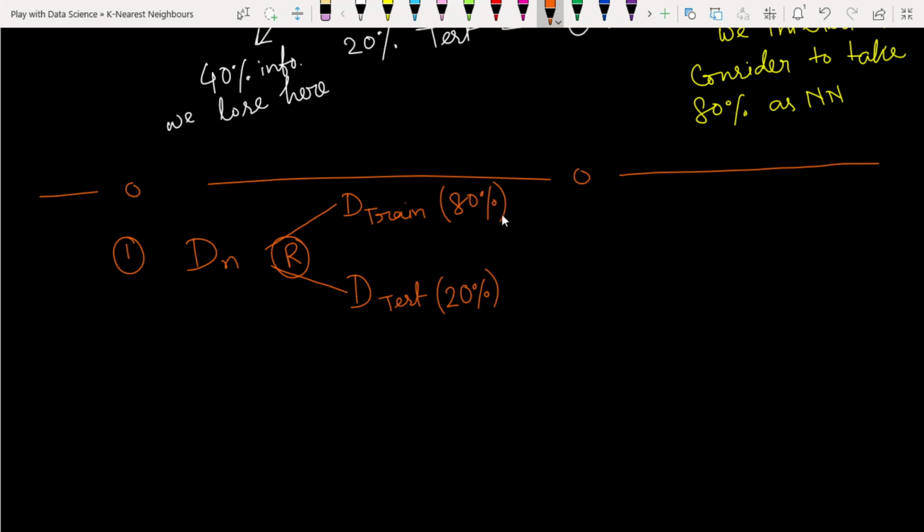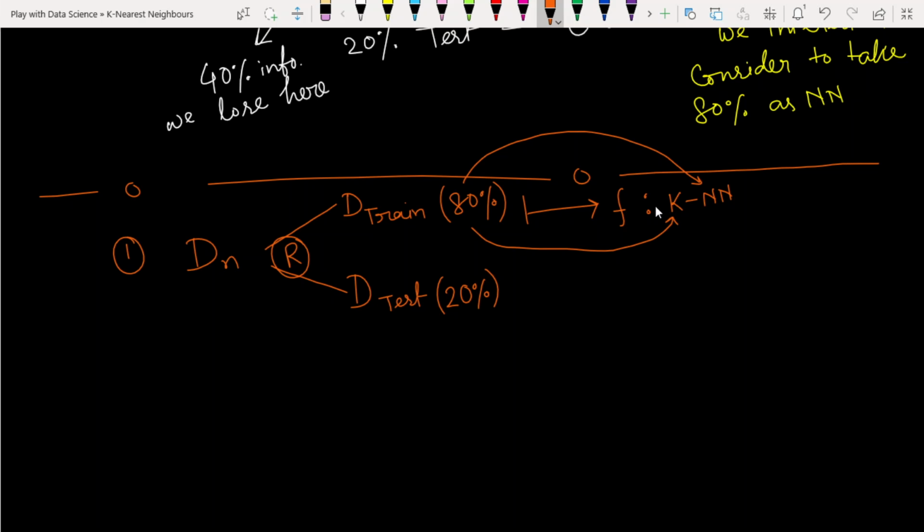On this 80% of the data we will build our kNN. On this 80% we use it as NN, and also on this 80% we will find our best k. Both times we use the 80% data, as our nearest neighbors and also to find the k.